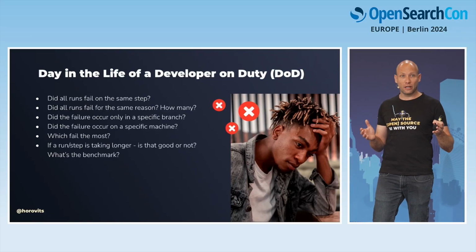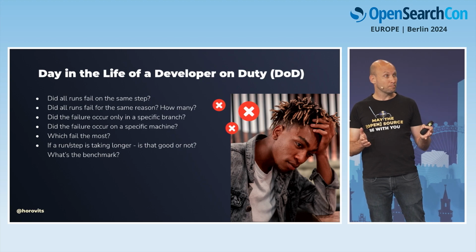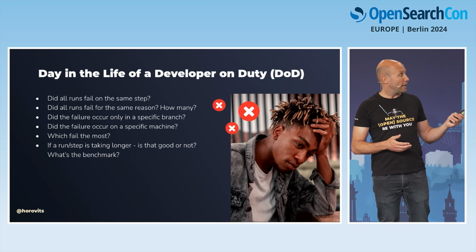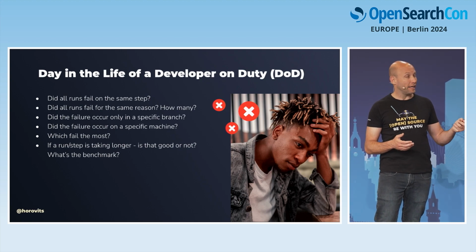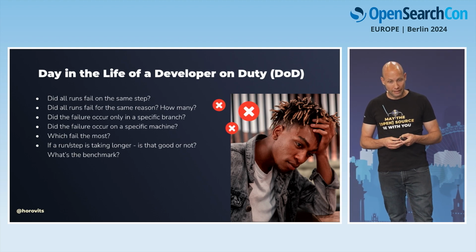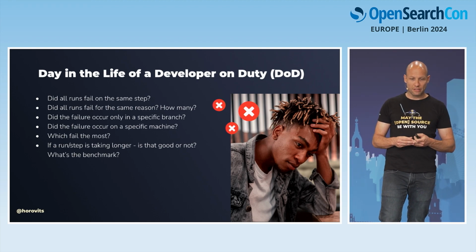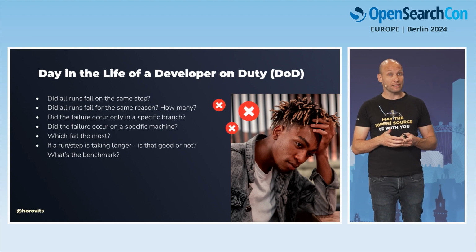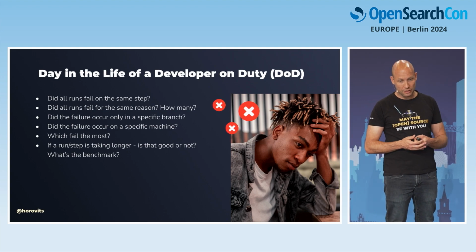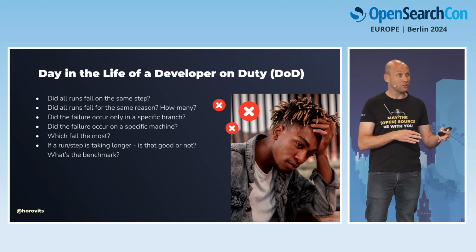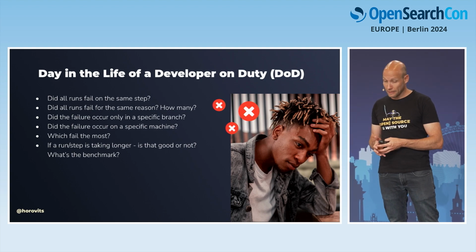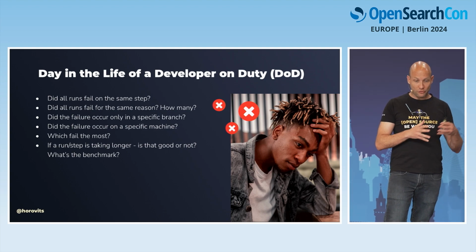If we look at some examples of questions that we found pretty elementary, I'm sure you'll agree, that we found rather challenging to answer. Things such as: did all runs fail on the same step? Did all runs fail for the same reasons, and how many? Did the failure occur on a specific branch, or maybe on a specific machine? Which failed the most?